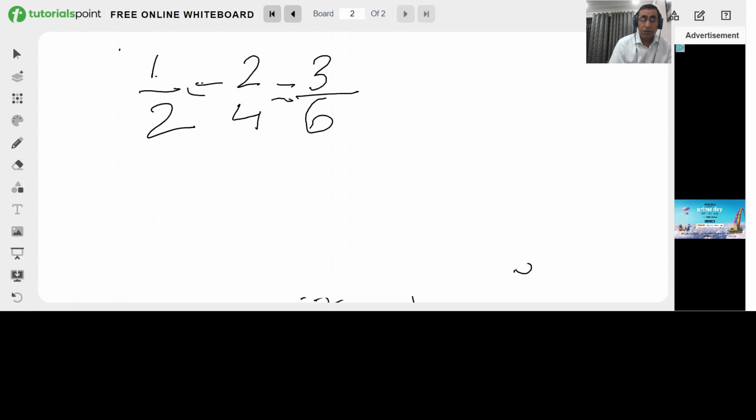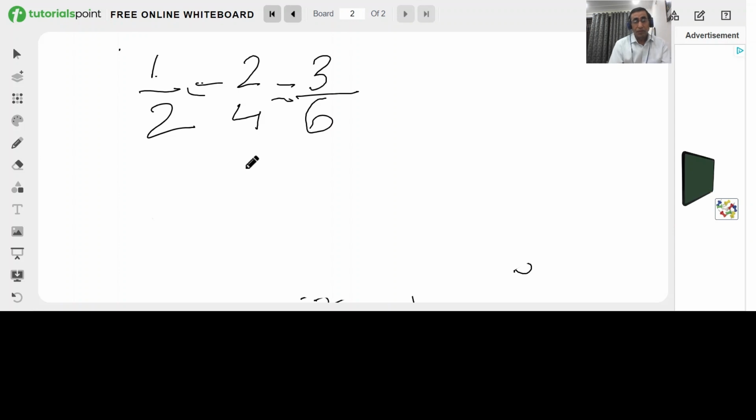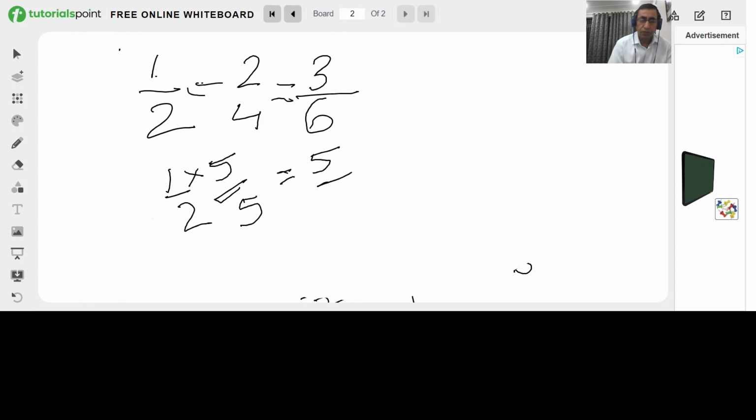So in the equivalent fractions concept, if we multiply the numerator and denominator by any number, for example 5, then its value is 5 by 10, which is also equal to 1 by 2.